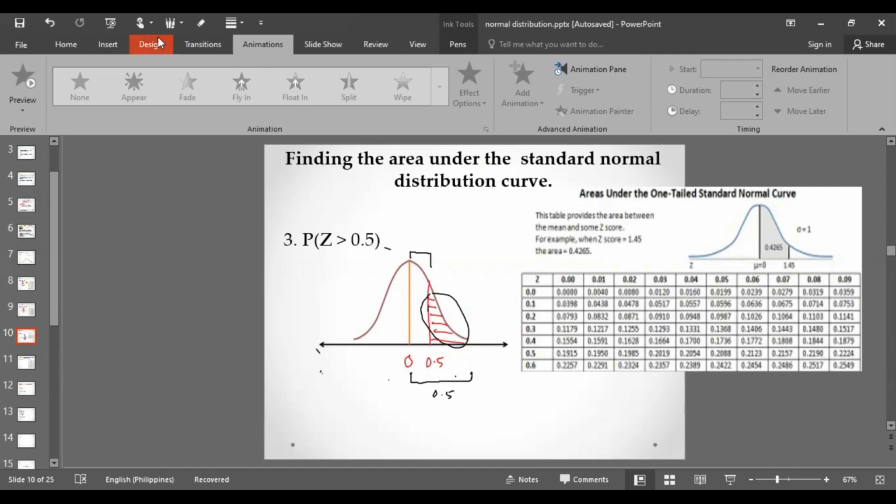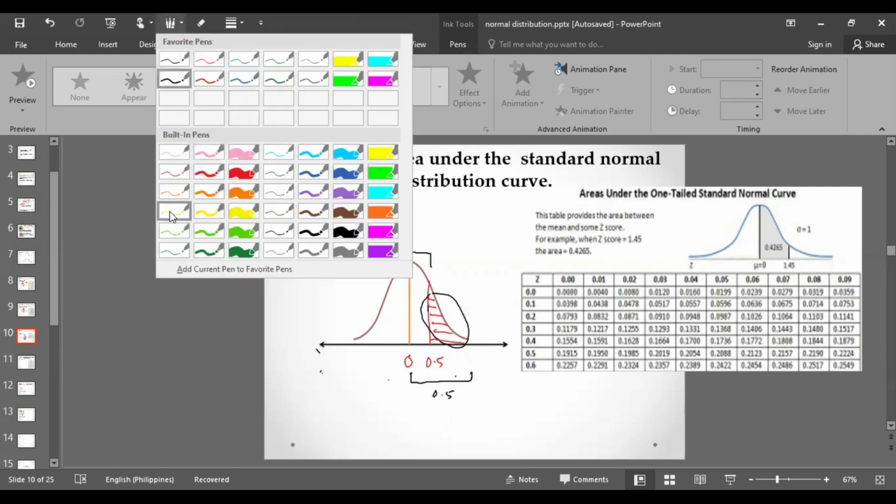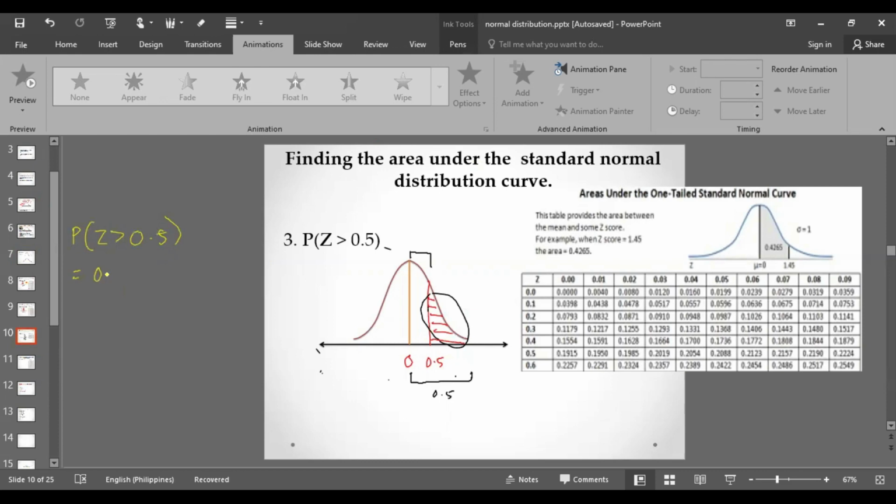Okay? Let's have the computation. So we write here 0.5 to be subtracted to the area between 0 and 0.5. Copy 0.5 minus, locate 0.5 in the table. 0.5 is right here. And wala namang nasa tenths na value. Kaya, locate na lang natin dito sa 0.00.